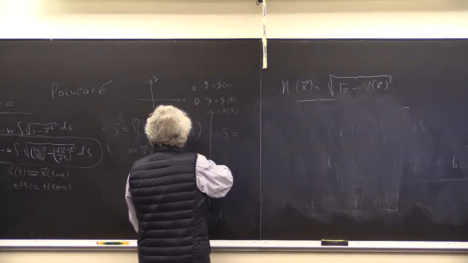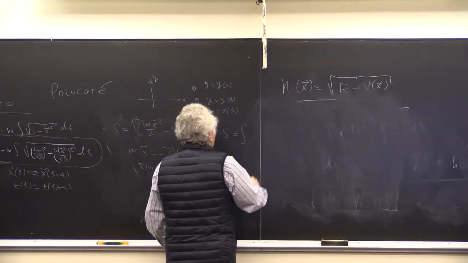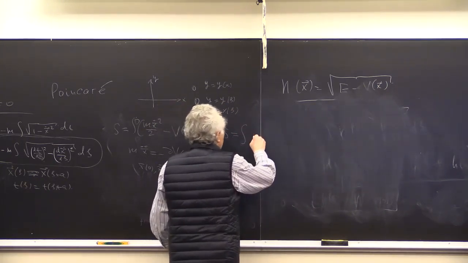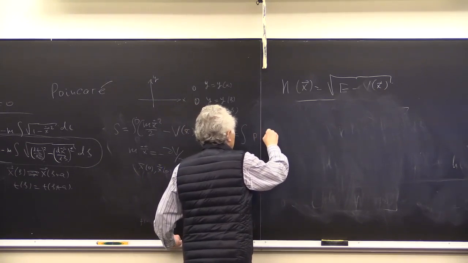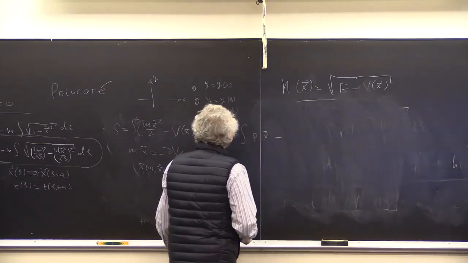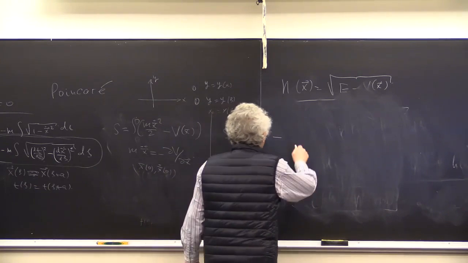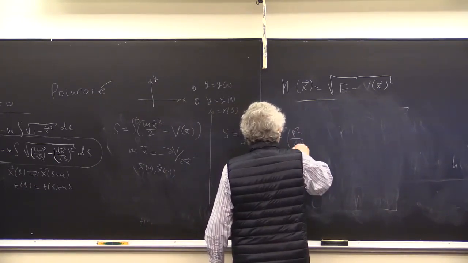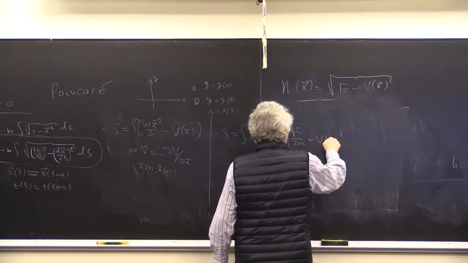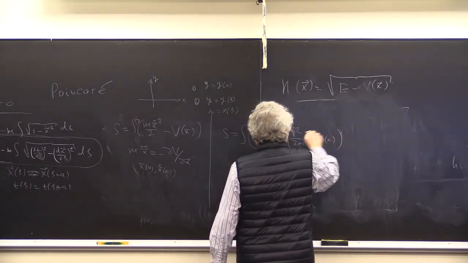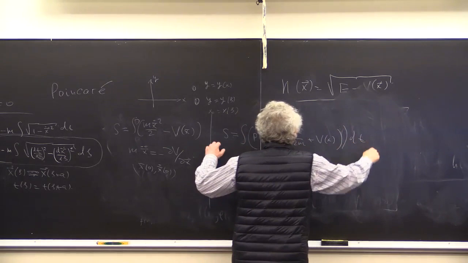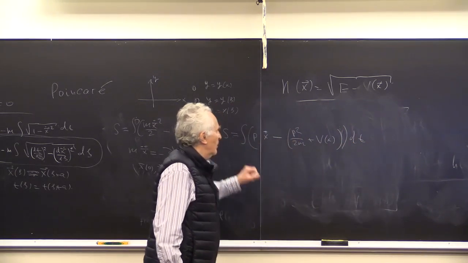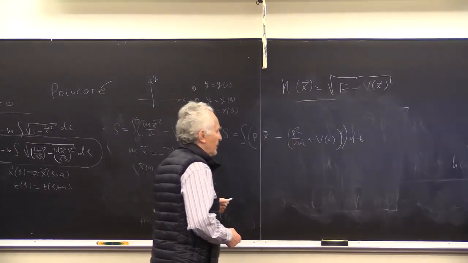Let's compare it with the action of the following kind: p x dot minus p squared over 2m minus V. So once again I'm introducing one extra variable.